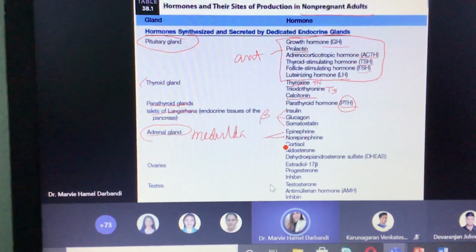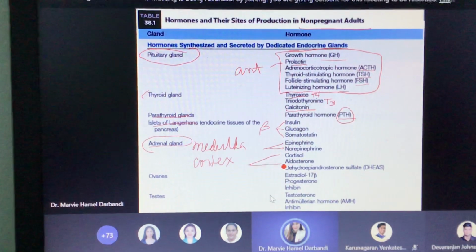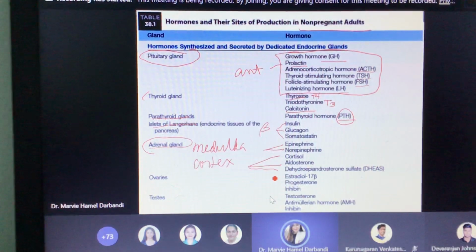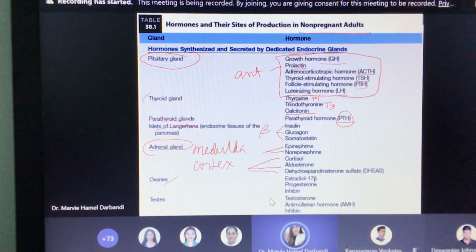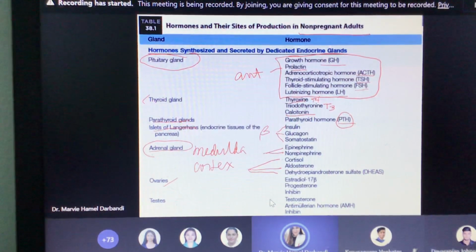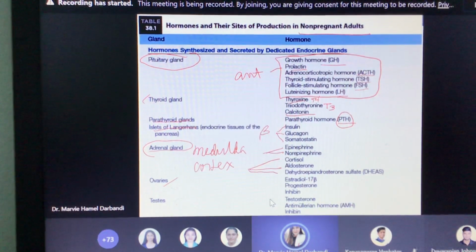While in the adrenal cortex, you have cortisol, aldosterone, and sex hormones, then the ovaries and testes. So just look at it in the Bernier and Levy to familiarize yourself with each hormone.